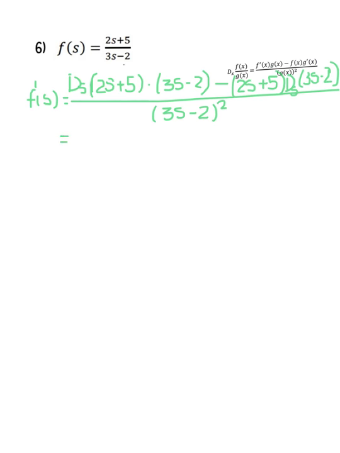So the derivative of 2s plus 5 will be the derivative with respect of s of 2s plus the derivative with respect of s of 5.